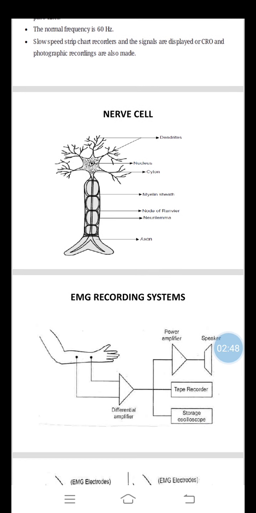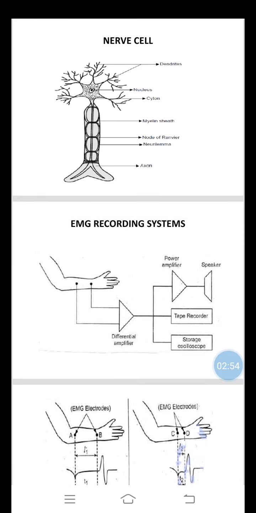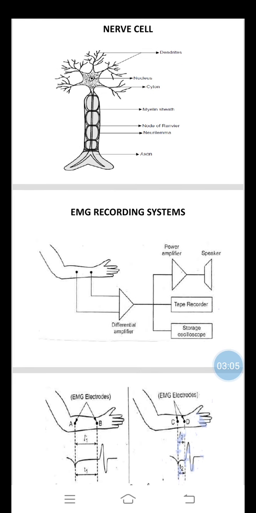Then how are we recording the muscle activity using EMG? The recording system setup is shown in the figure. Here the electrode is placed inside the hand to know about the muscle activity. The electrode then picks up the muscular activity.